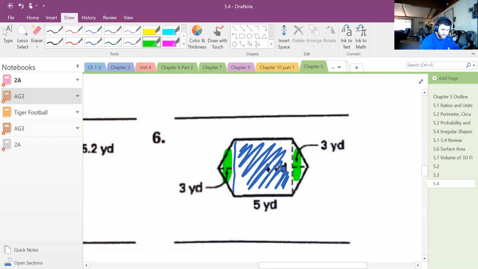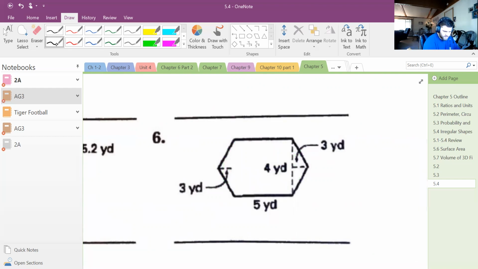Okay, either way works. Only thing is, for the trapezoids, I'm actually going to use 2 trapezoids because I think it's going to be easiest. Okay, so watch what I do here. I'm going to cut this into 2 trapezoids. All right, so we need to figure out what is my total length of my bases.